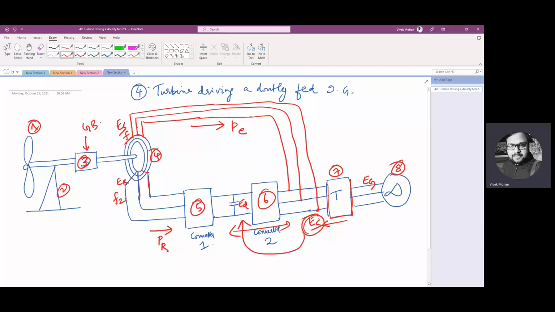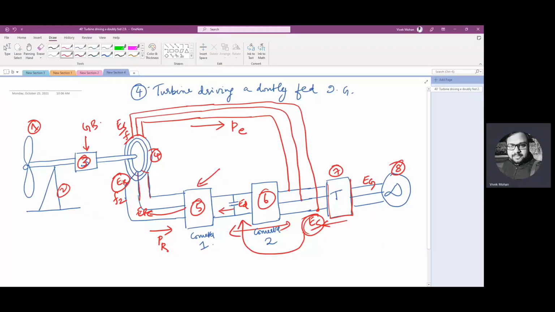Now what about converter 1? Converter 1 transforms the DC voltage ED. Here I have ED, so this is the input to converter 1. It transforms the DC voltage ED into a voltage ER, whose magnitude, frequency, phase shift and phase sequence can be varied according to the desired control of the converter.